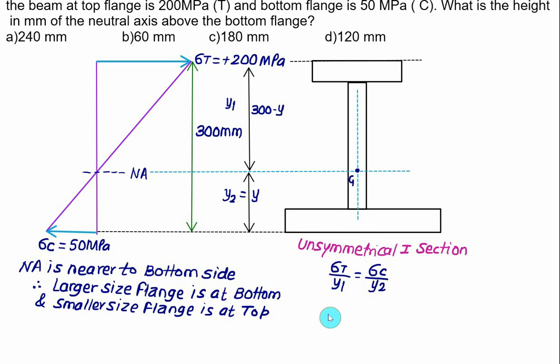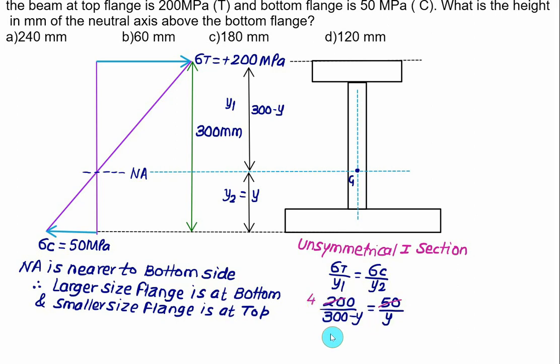Sigma tensile is equal to 200. The y1 value is equal to 300 minus y. Sigma compressive is equal to 50, divided by the y2 value, which is equal to y. So this 50 gets cancelled, and in the numerator we have 4.